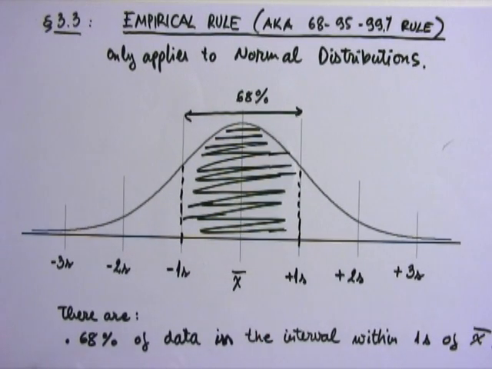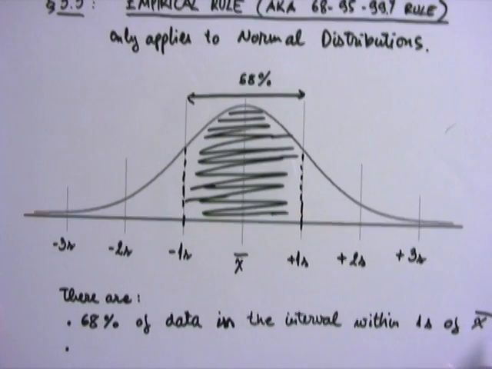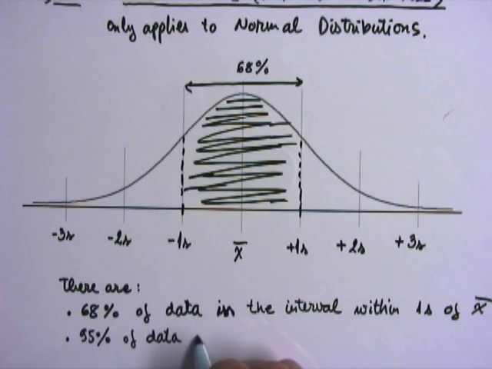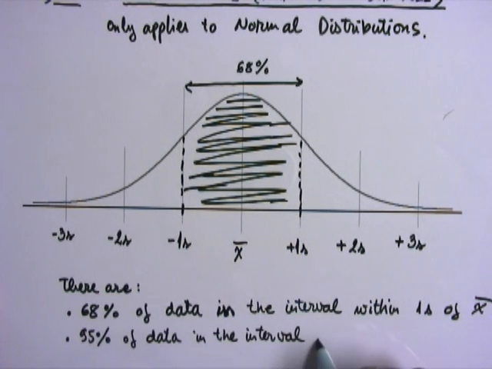As the second rule in the empirical rule, there are 95% of data in the interval within 2 standard deviations of the mean.